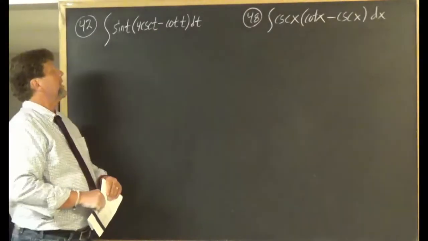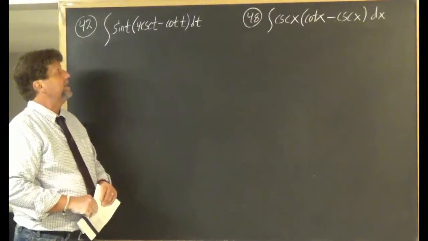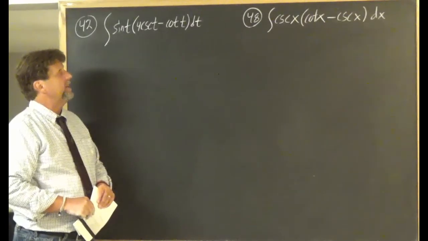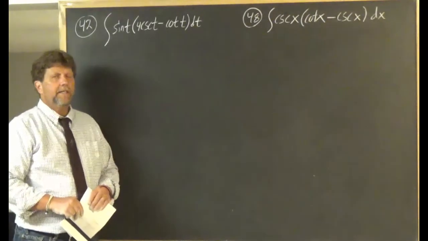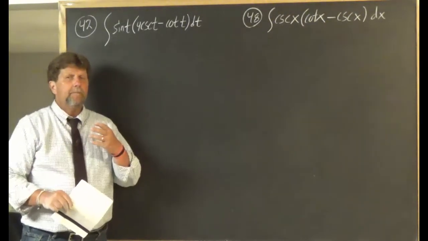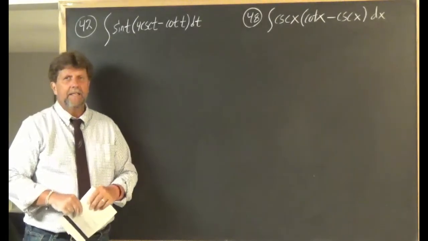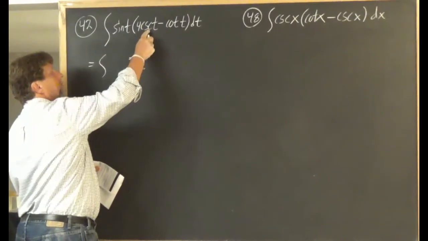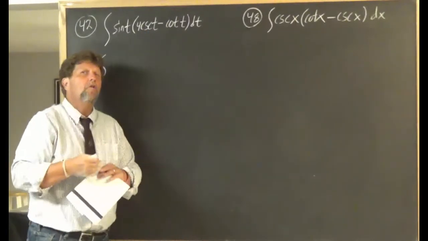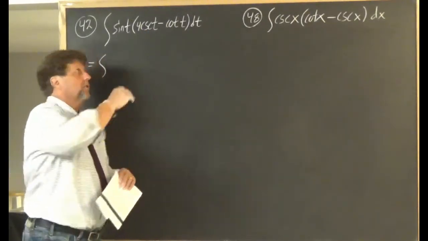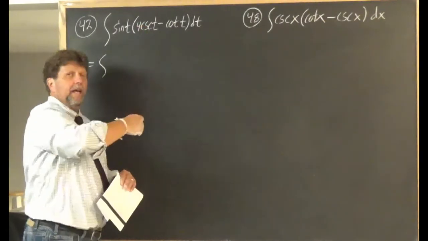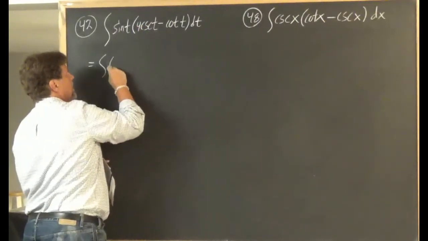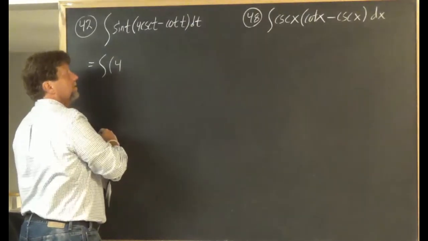All right, number 42, integrating sine t times the quantity 4 cosecant t minus cotangent t dt. I would begin by distributing that sine t. And the reason why is, remember, cosecant t is 1 over sine t. So when sine t gets distributed there, this simply becomes a 4.